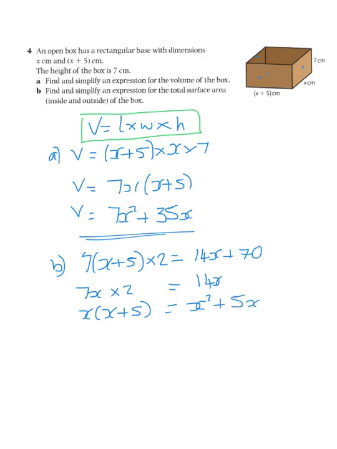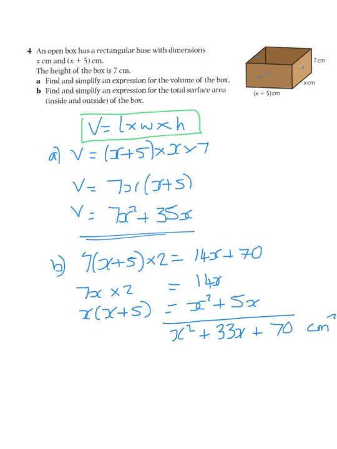Now if I add all those together, give me the surface area outside the shape, so adding that up gives me x squared, 14x plus 14x is 28x plus the 5x, which is 33x plus 70 centimetres squared.